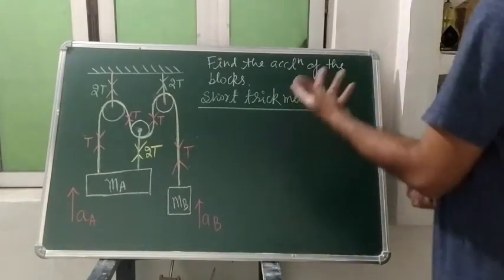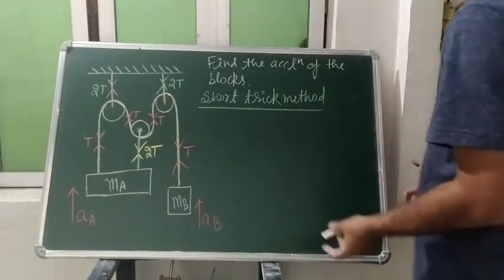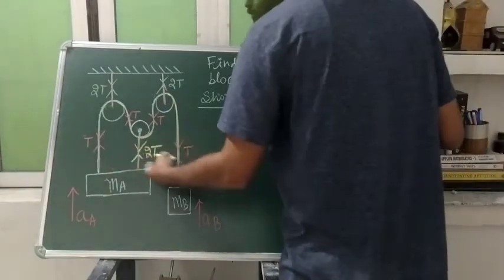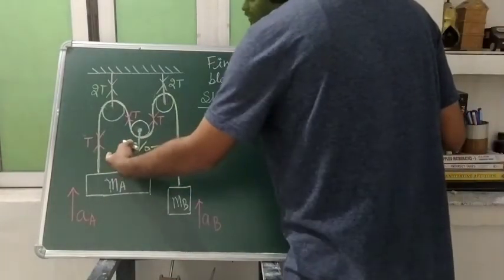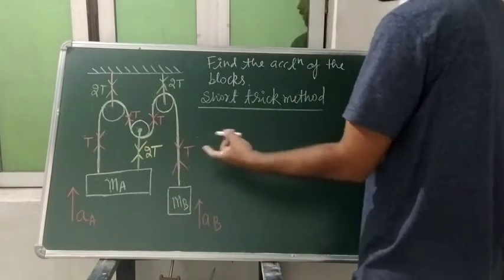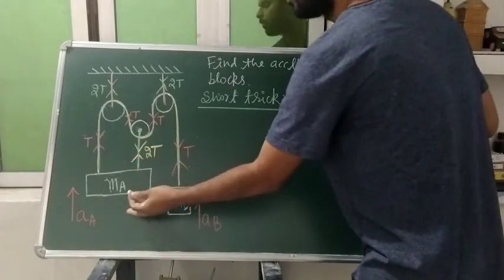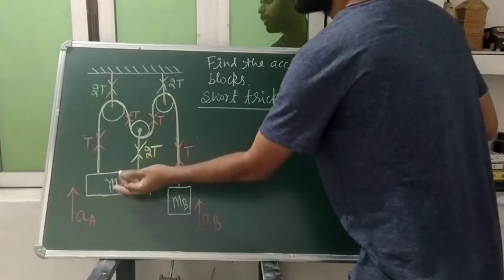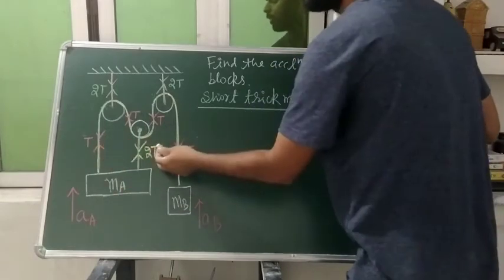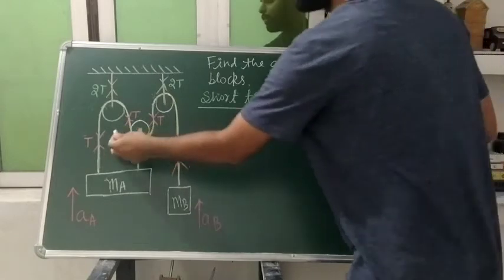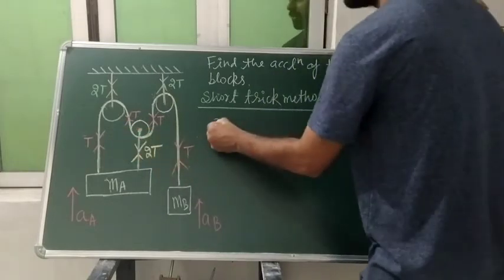So when will we apply this trick, students? What is the net tension acting here? This T will become 3 times of T, isn't it? For the block A, the tension acting on block A is this T plus 2T. So T plus 2T will give you 3T.